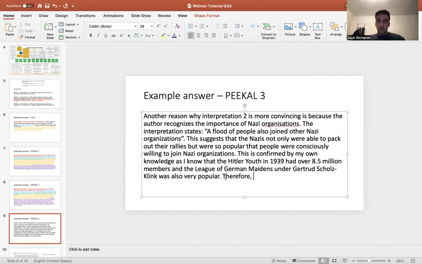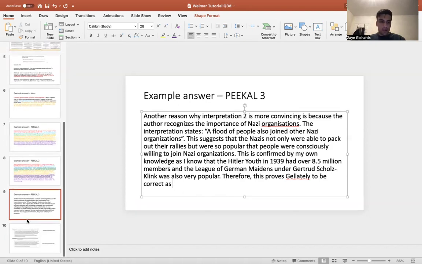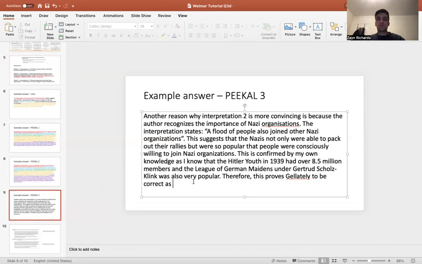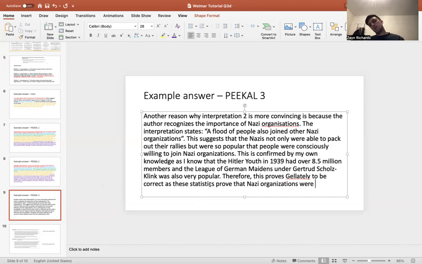Yes, so I'm going to say, therefore, this proves Gellately to be correct. Am I spelling that right? Gellately. Yeah. Correct, as it is clear that the Nazis had support from the majority, as these statistics prove that Nazi organizations were massively popular.